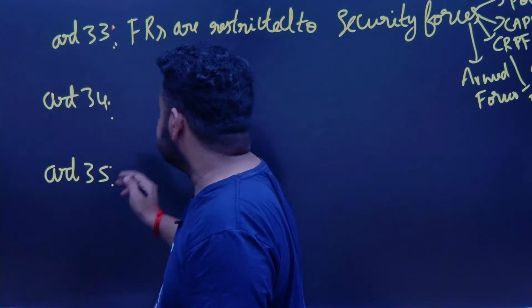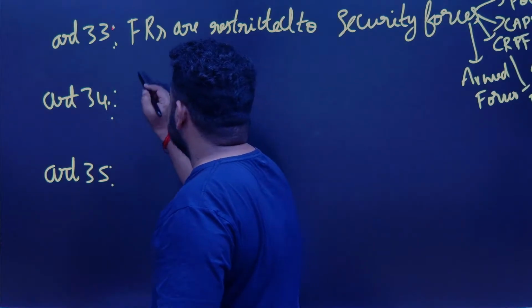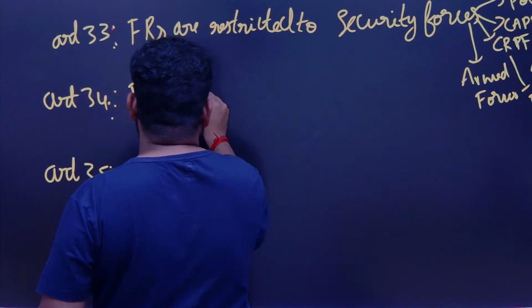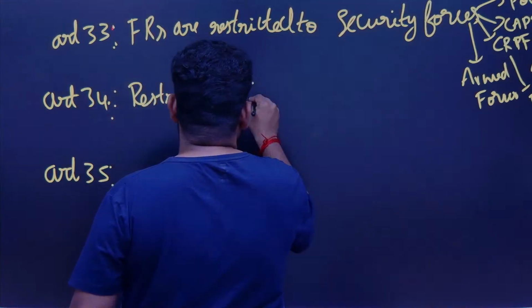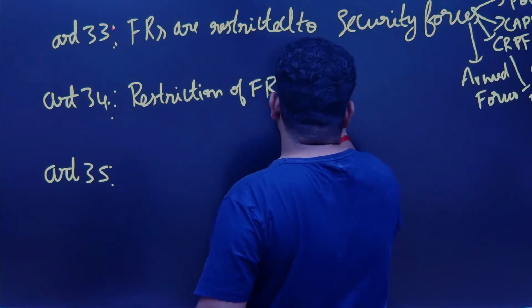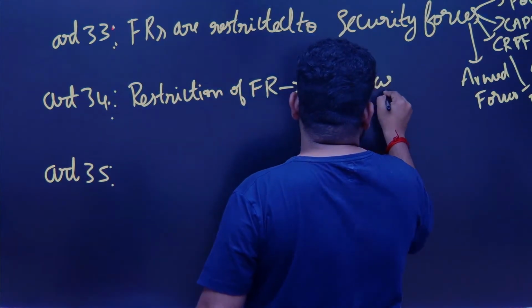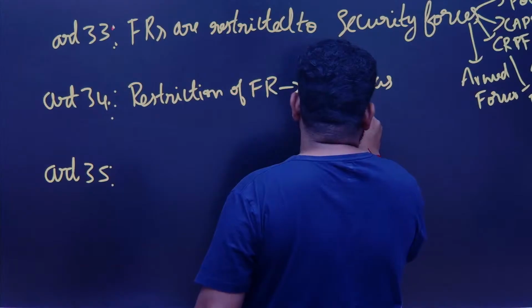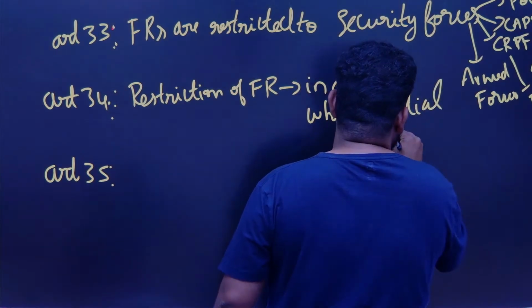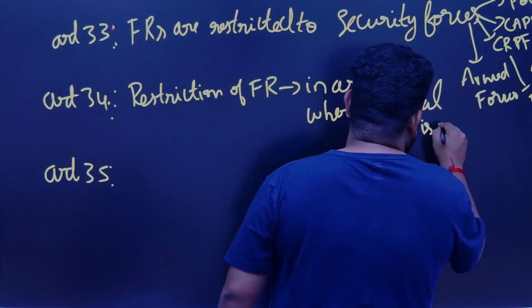Next is Article 34. Here also there is restriction of fundamental rights, in areas where martial law is in operation.